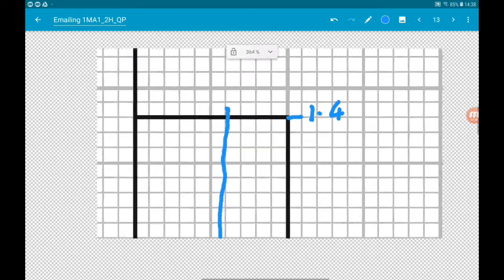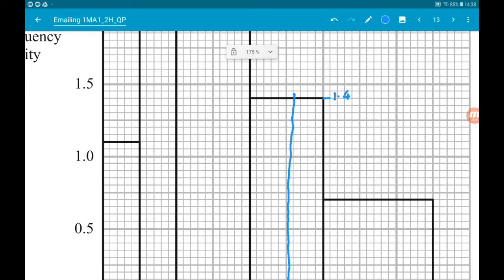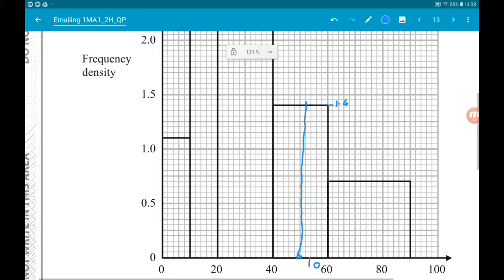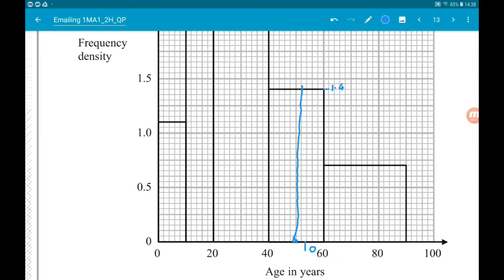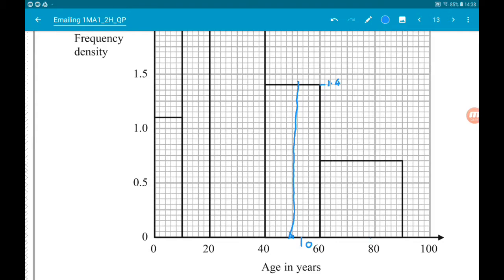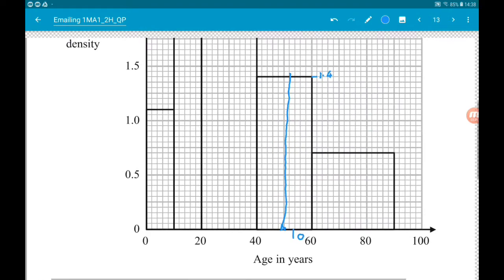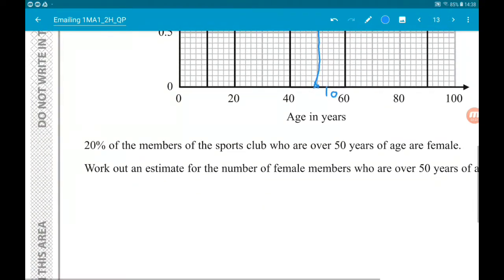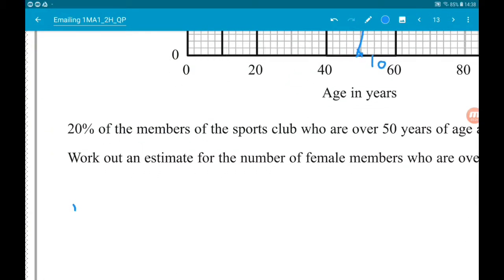Now this part is the reason it's an estimate. Just because we're cutting the bar in half doesn't mean half the people between 40 and 60 are over 50. So it's an estimate. So the area for this bit then is 10 times 1.4, which is 14.